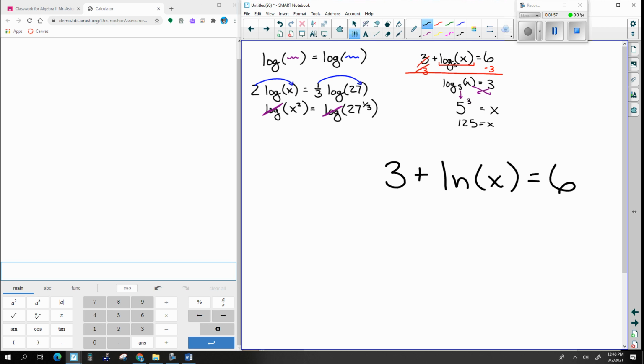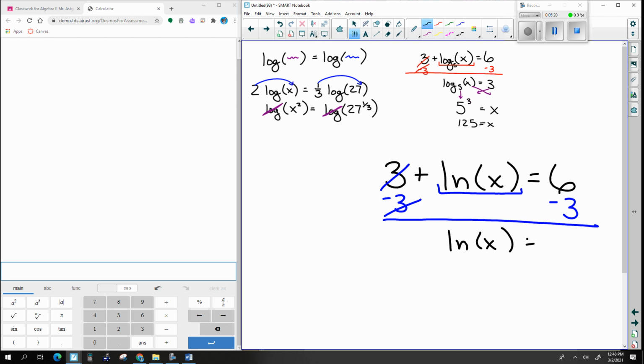If you have 2, again, do it how you did up in the upper left, where you get logs on both sides and cancel them out. But here, what you want to do is get the log all by itself. Again, some basic mathematics is oftentimes the key to accomplishing that. So I'm left with ln of x is equal to 3.